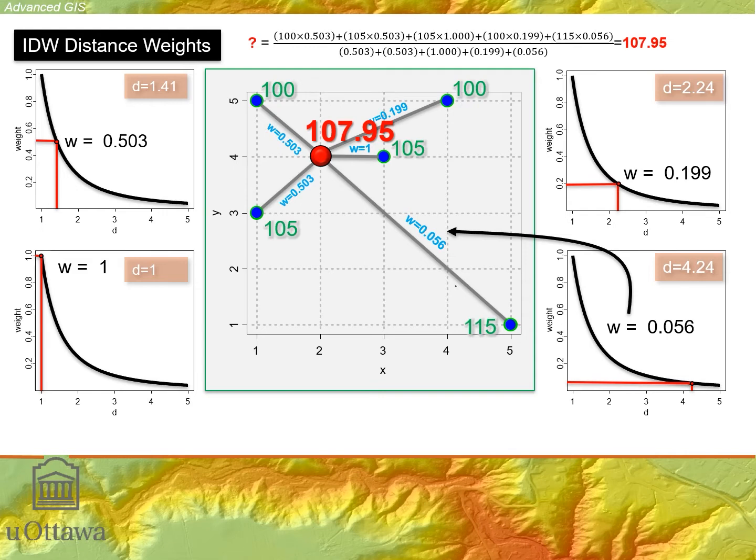And that process happens for each cell location, or each cell center location, in this regular lattice that is overlaid in that space. And notice we're not going outside of the space defined by the minimum and maximum X and Y values of the data set.